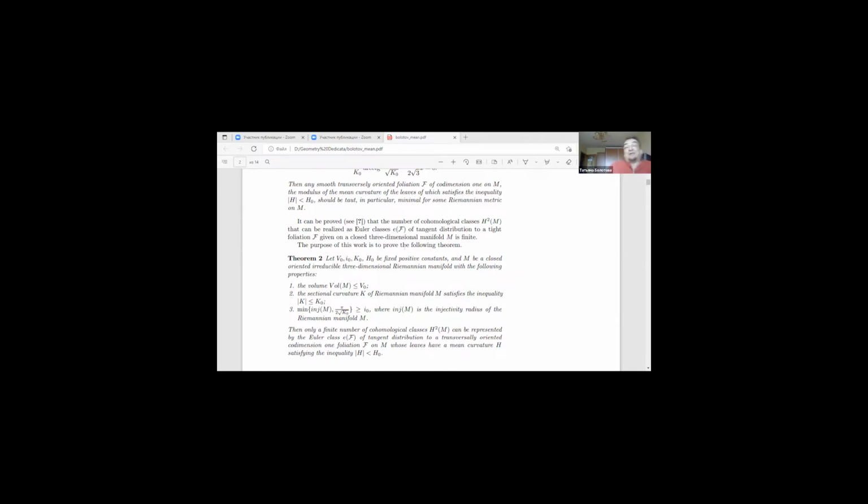It means that only finitely many cohomological classes can be Euler classes of the tangent distribution to a taut foliation. And this gives rise to a very natural question.